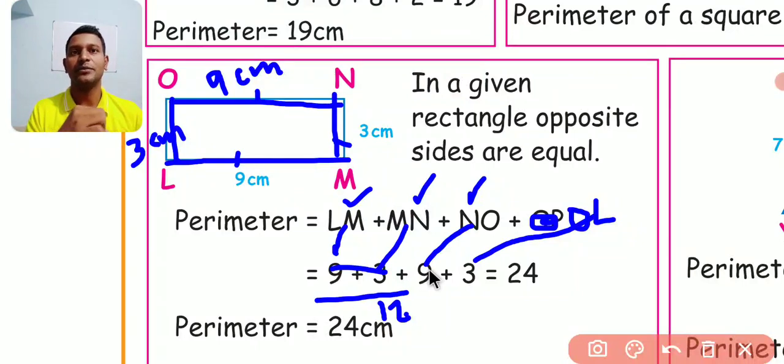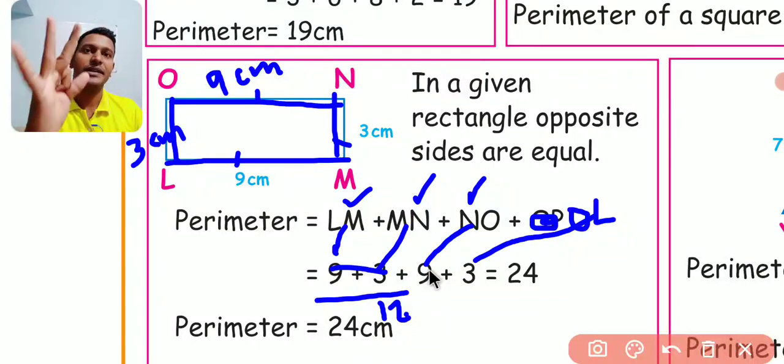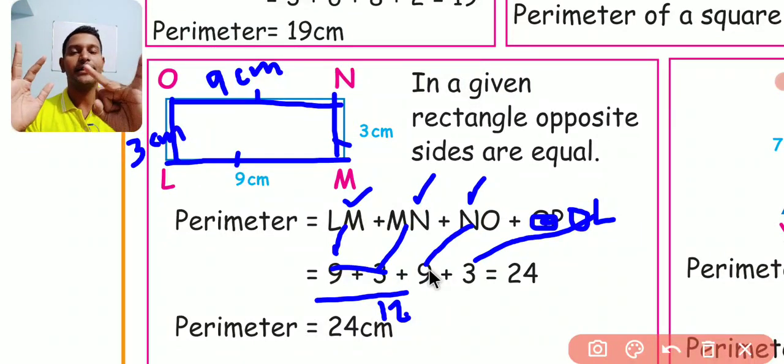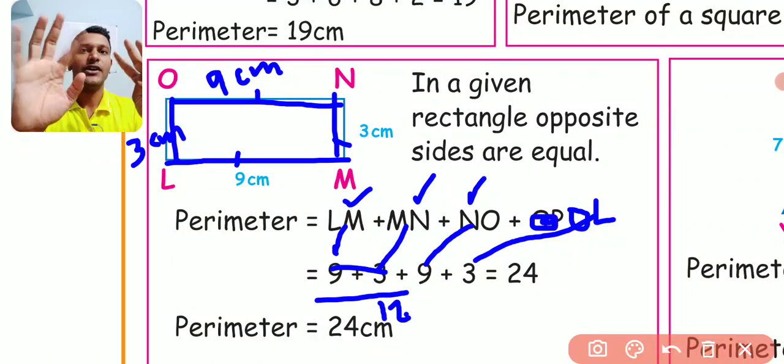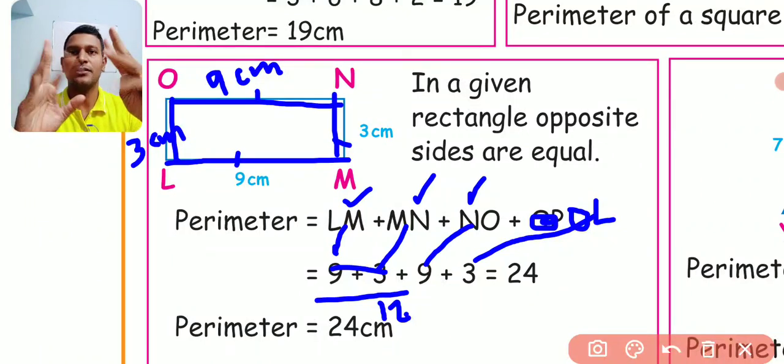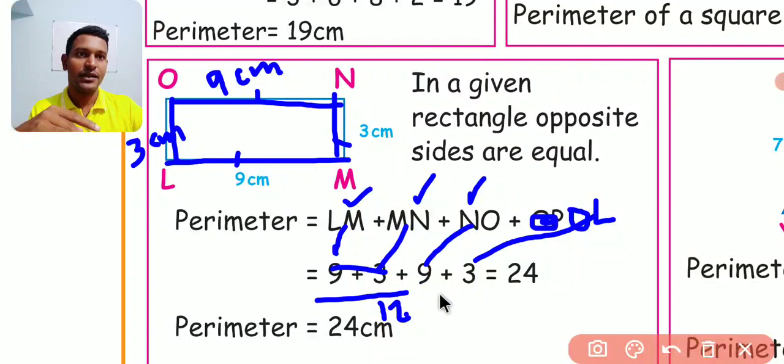What is the next number to 12? 13, 14, 15, 16, 17, 18, 19, 20, 21. Where do I end? 21. Okay, 12 plus 9 is 21.